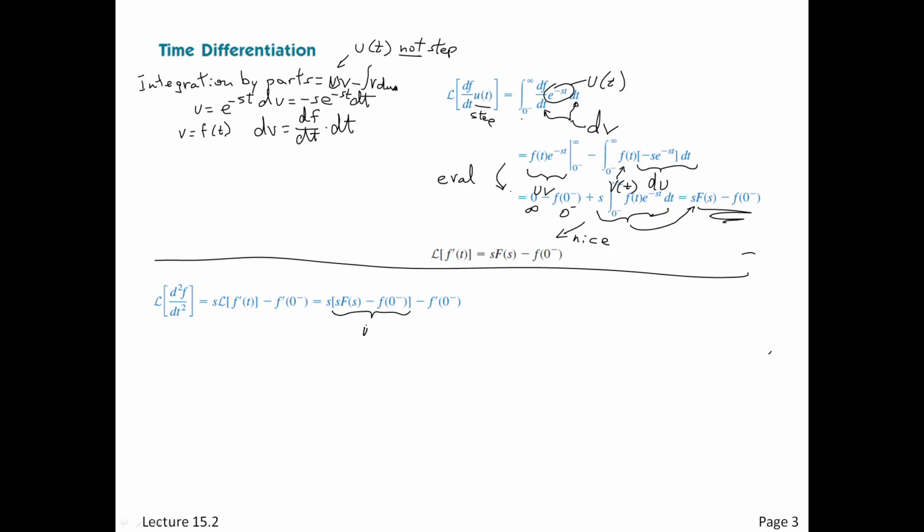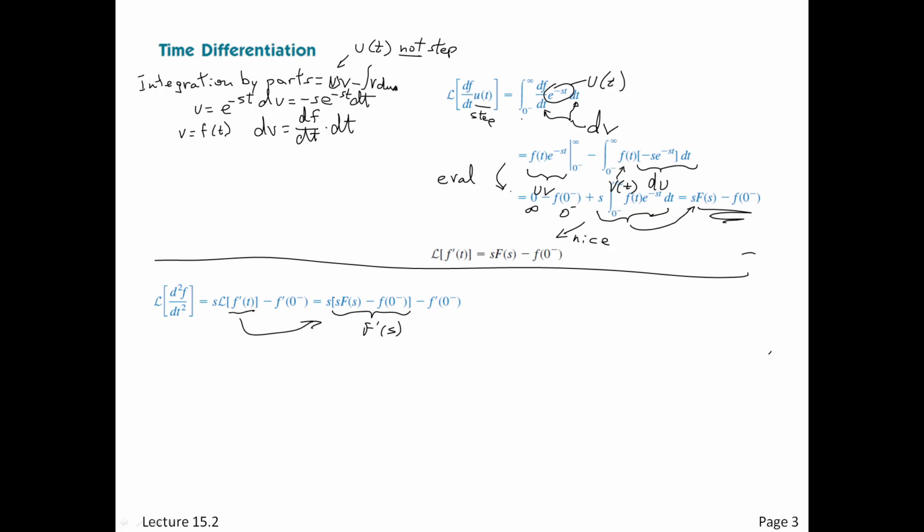We might call this f prime, or f1 of s, the first derivative. So we multiplied it by s, took the Laplace of that. There was our original. Comes over to this. And now we take the Laplace of that.